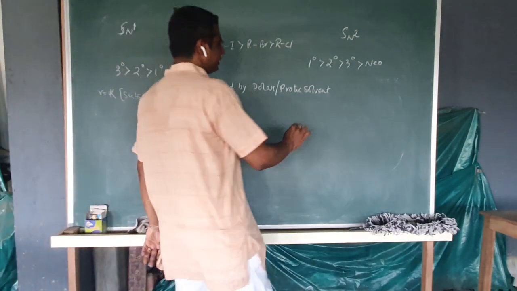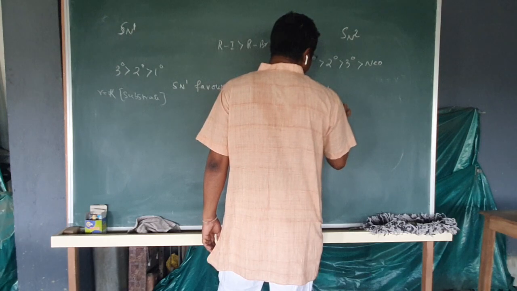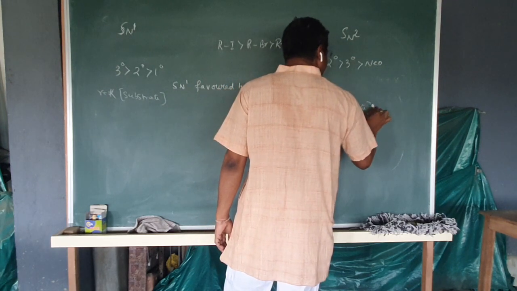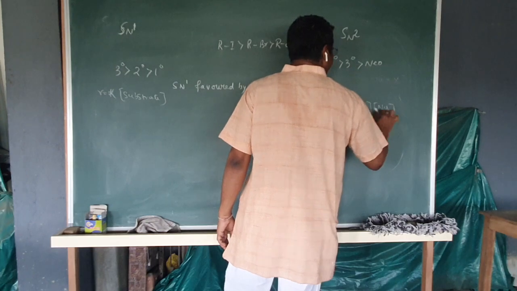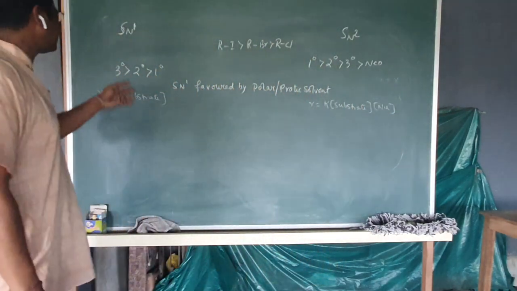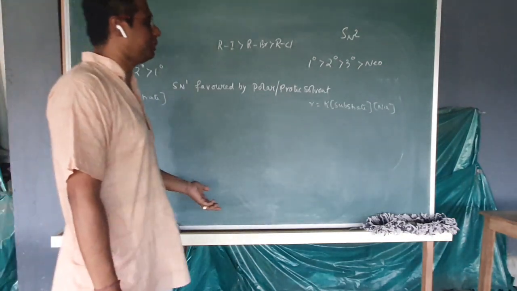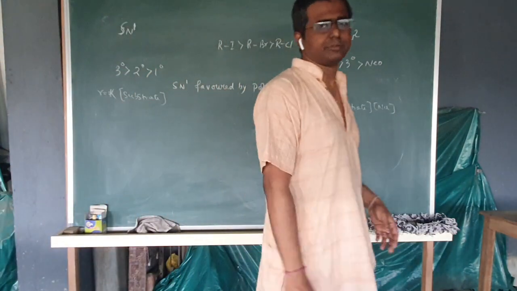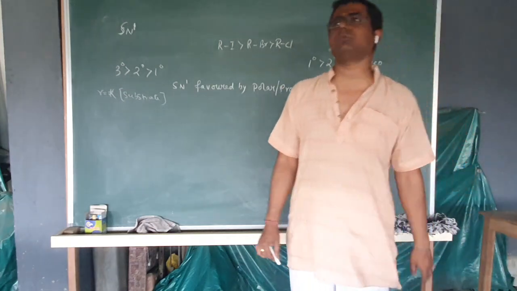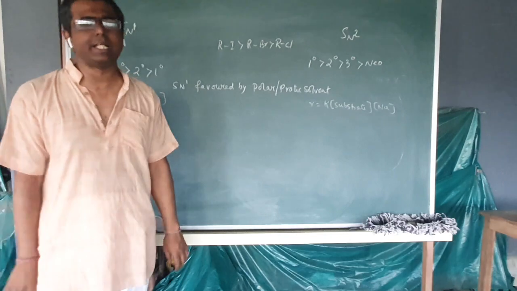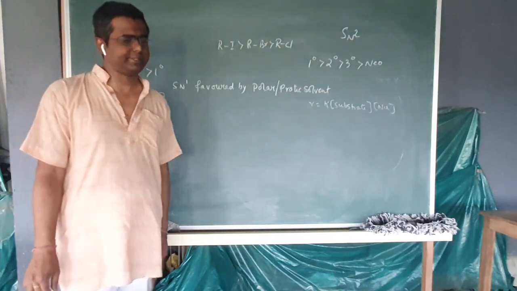In case of SN2, rate is equal to K substrate and nucleophile. So definitely in case of SN1, it won't depend on nature or concentration of nucleophile. In case of SN2, it will. So please write it down. In case of SN1, there is no dependence on nature or concentration of nucleophile. In case of SN2, it depends.